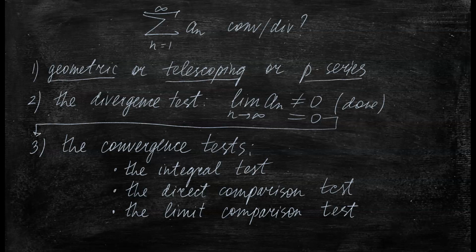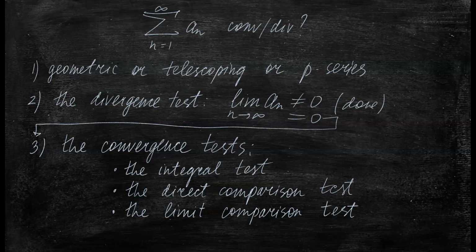In case we do, then we either find its limit or we determine whether it converges or diverges easily, just by using the criterion that we have for each of these series. And if we don't recognize any of these three, then we continue with setting up and performing the divergence test. If the limit is not equal to 0, then we are done with the conclusion that the series diverges.